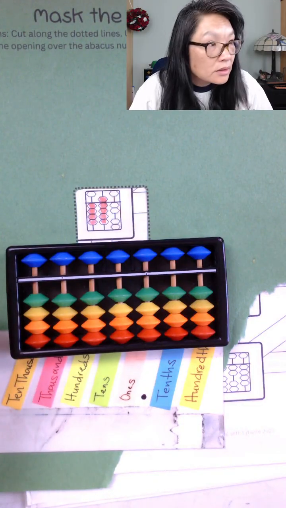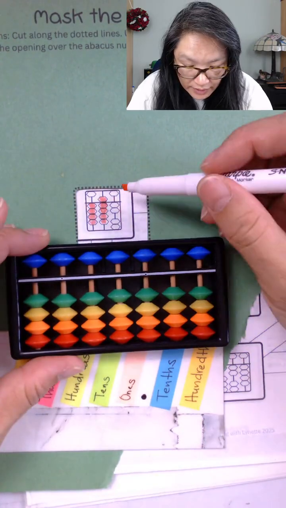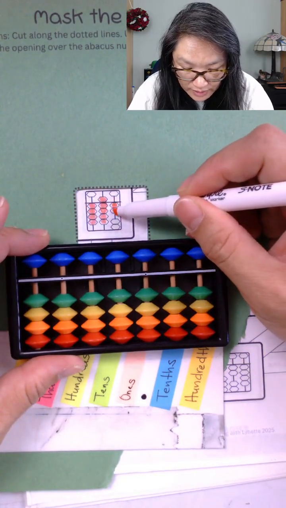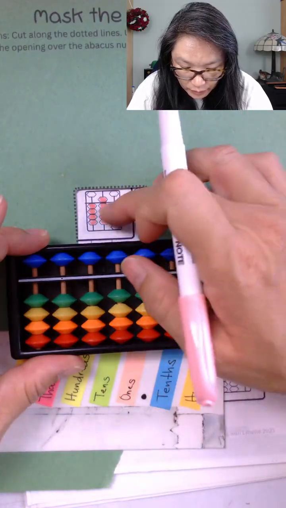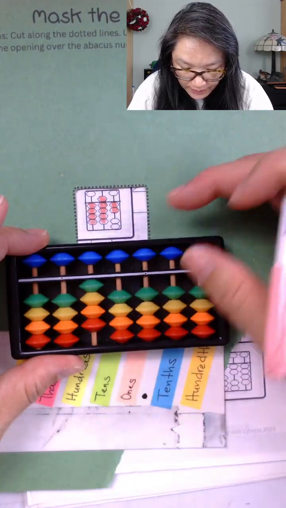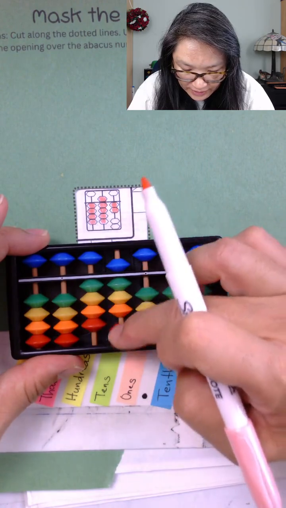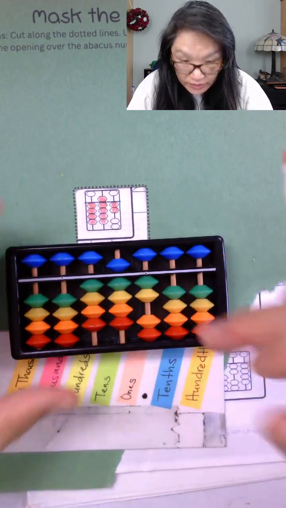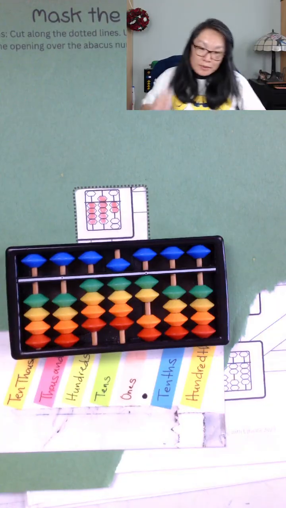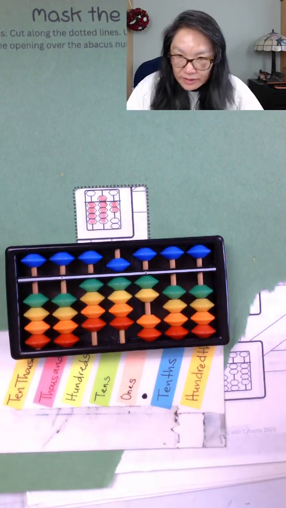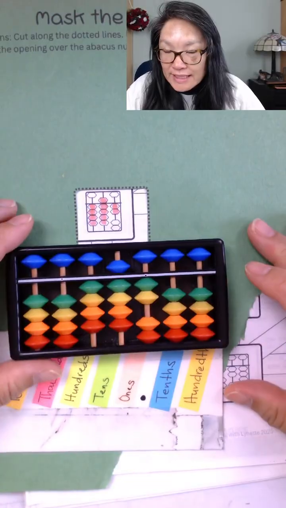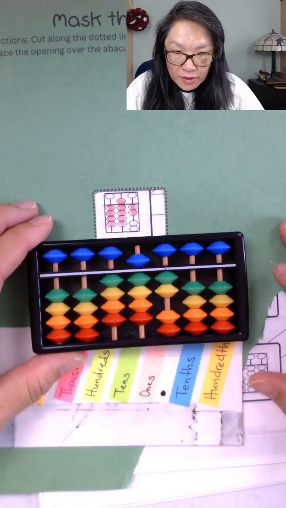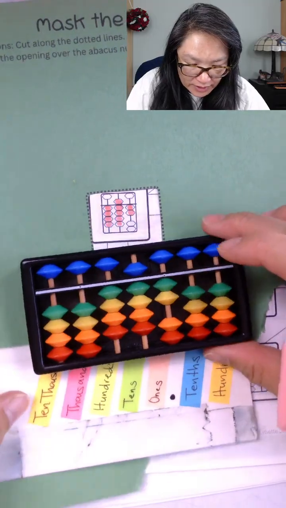Then we have ones, 1, 2. So I'm going to put it on my abacus. I have 4, 5, 6, 7, 8, 9, and then 2, 1, 2. So what is my answer? My answer is 492. That's what it looks like.